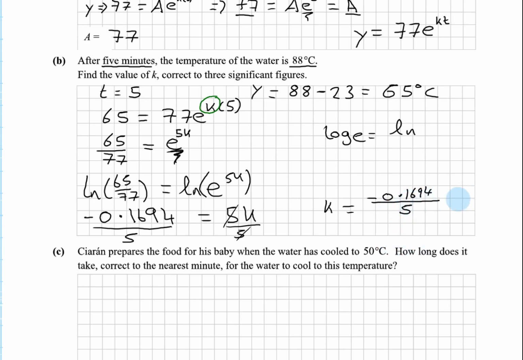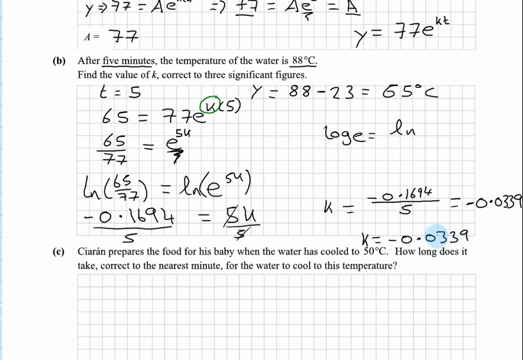And then what we get is minus 0.0339. So this is my final answer. k equals minus 0.0339. What we're basically getting at here is the 3 significant figures.